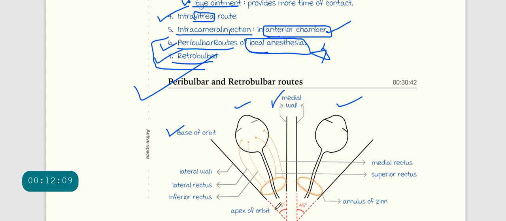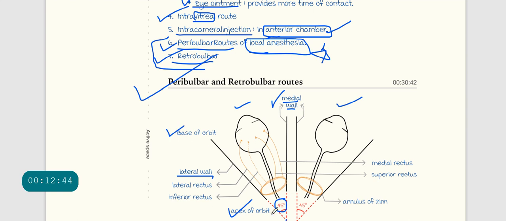This is known as the apex of the orbit. Now there is a lateral wall and obviously a medial wall would be here. The next comes is the angle between the two lateral walls of the orbit. These two lateral walls, the angle between these two is 45 plus 45, that is 90-degree angle.